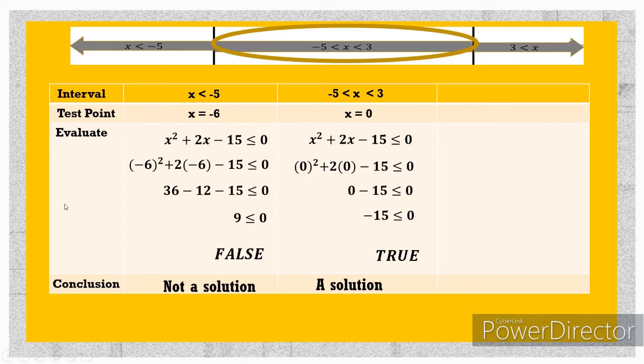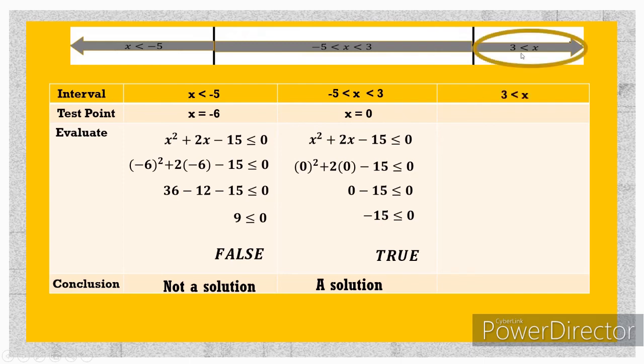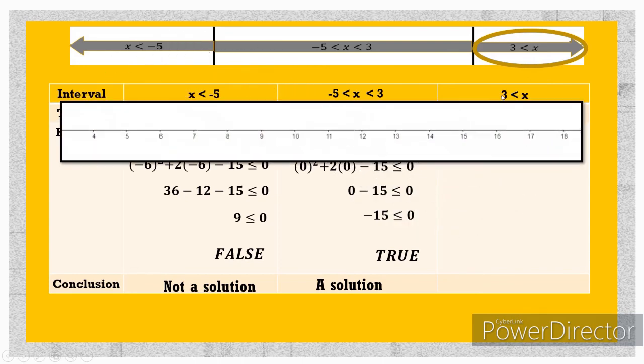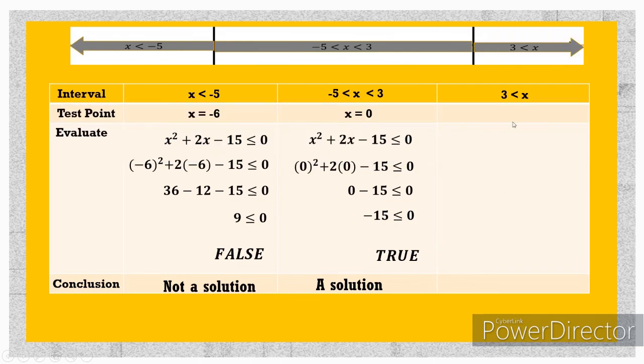Okay? For the last interval, we have the right of positive 3 or lahat ng number na mas mataas kay positive 3. So, again, pili lang tayo ng isa sa kanila. Let us choose 5. So, x is 5. Then, substitute lang natin siya sa ating quadratic inequality.